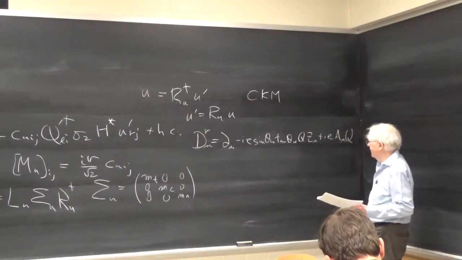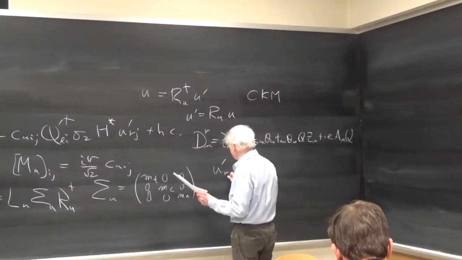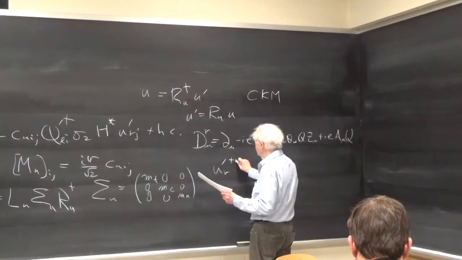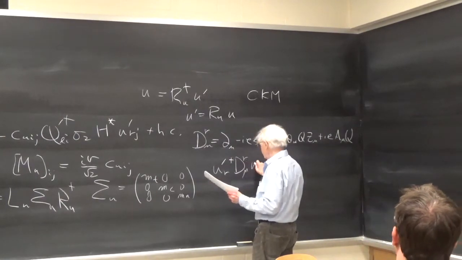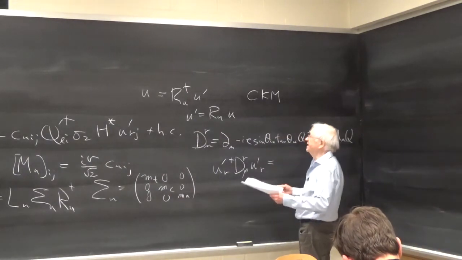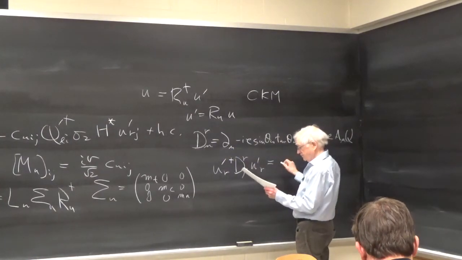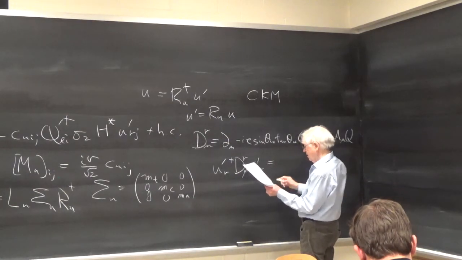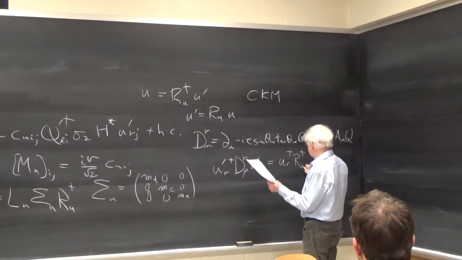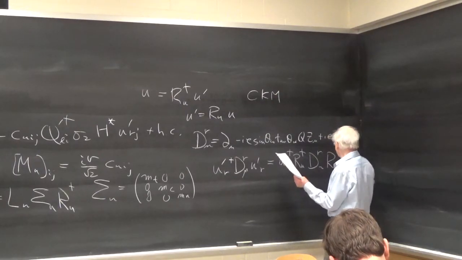So what's happening here is that we would write this way: u prime right dagger D_R mu u prime right. And now we would convert this to mass eigenstates by using this relation, and this would be u right dagger R up dagger D_R mu R up u right.